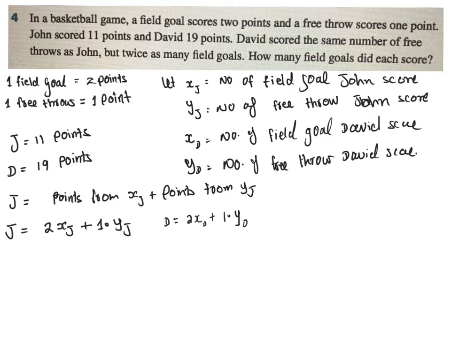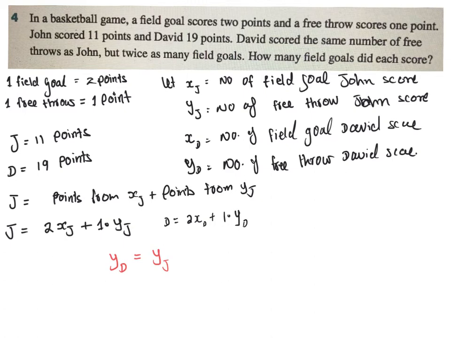Free throw is going to be yd, which is the number of free throws we defined here. So yd equals yj. That's because the number of free throws David has would be the same as the number of free throws John has.